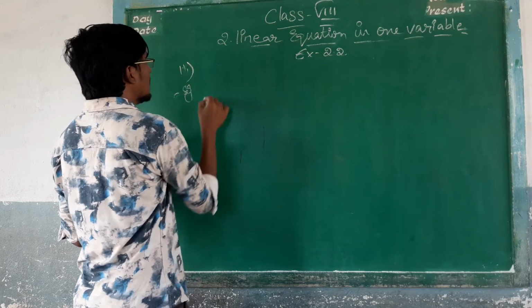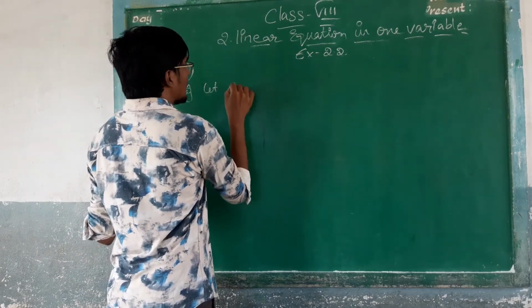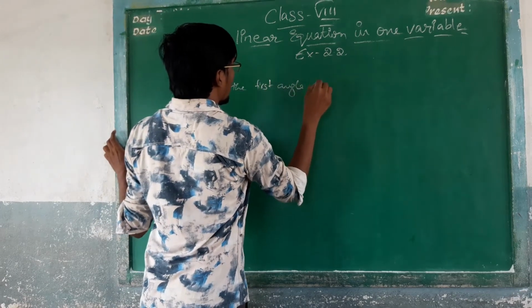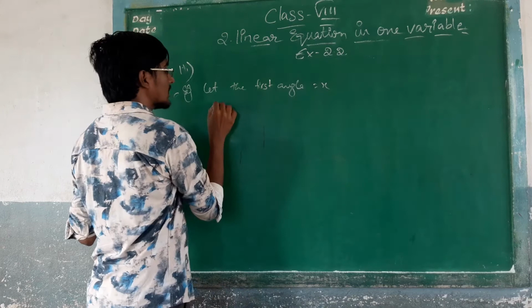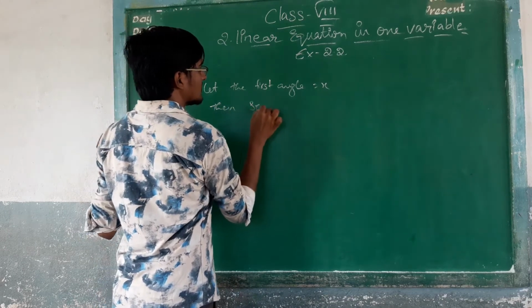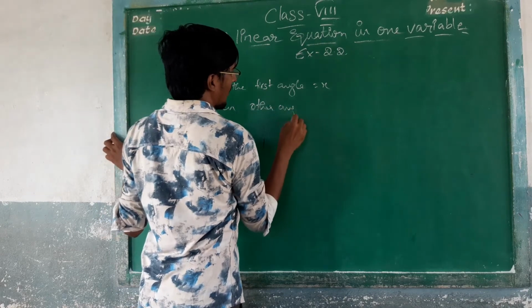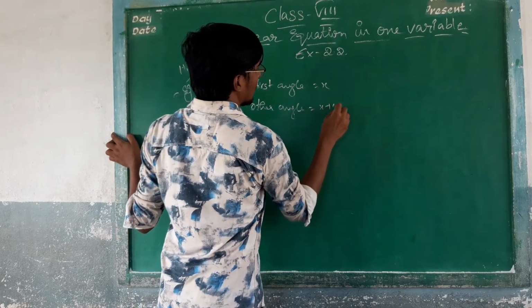This is the 11th one. Let the first angle equal x, then the other angle equals x plus 12.